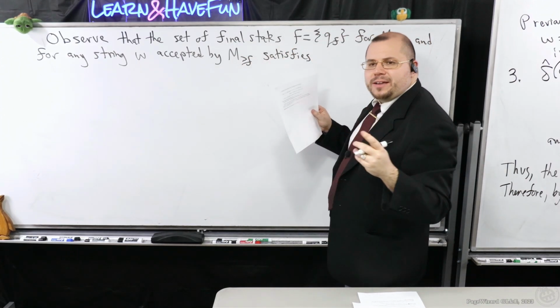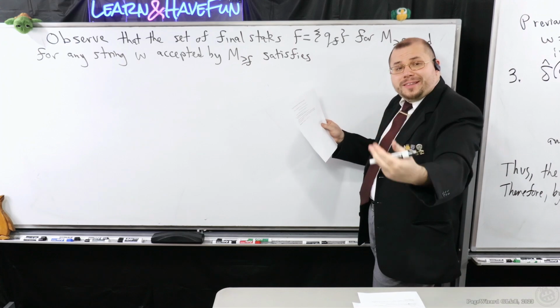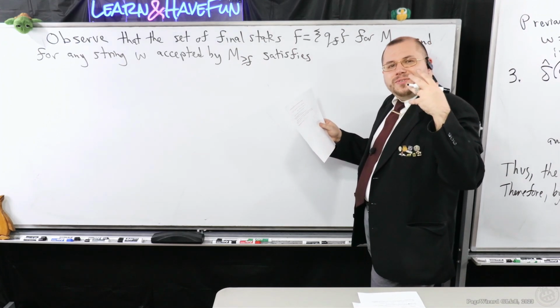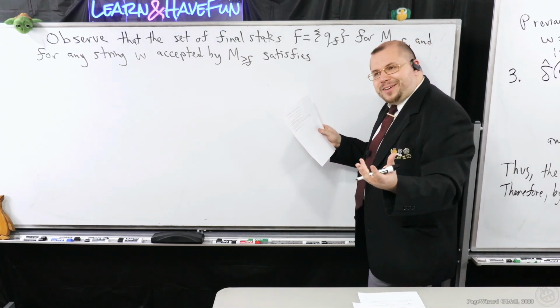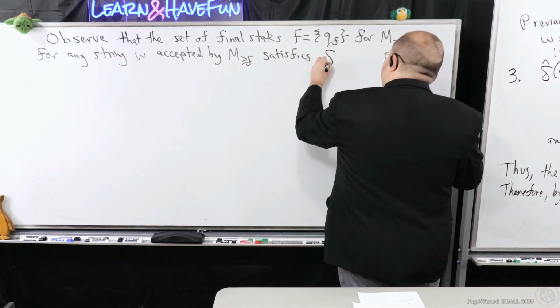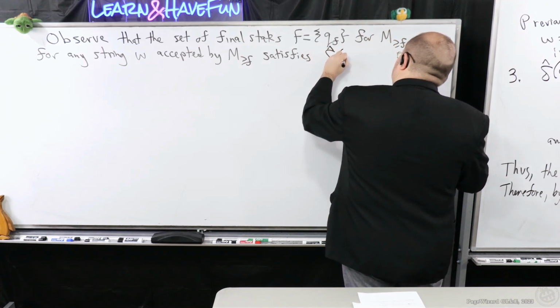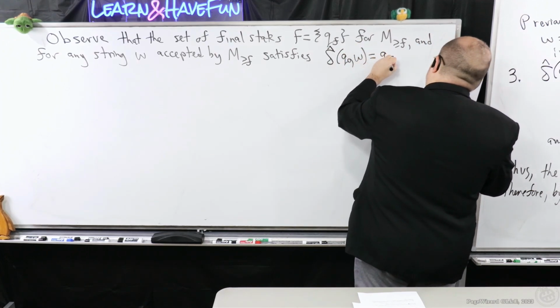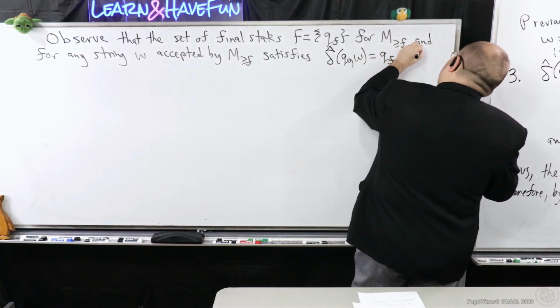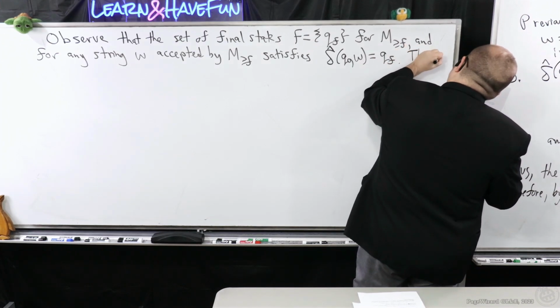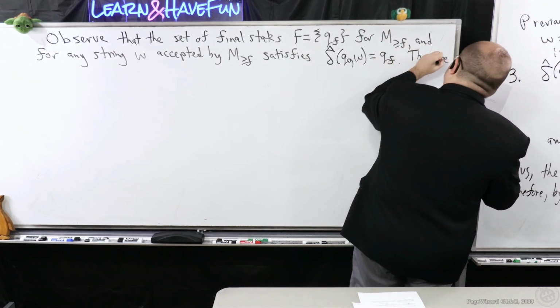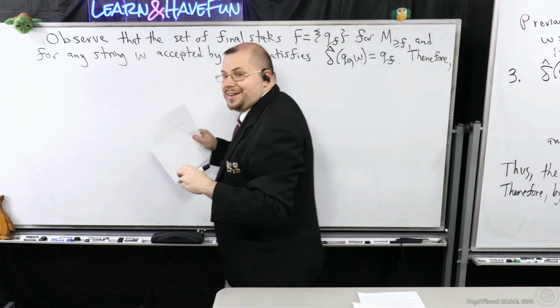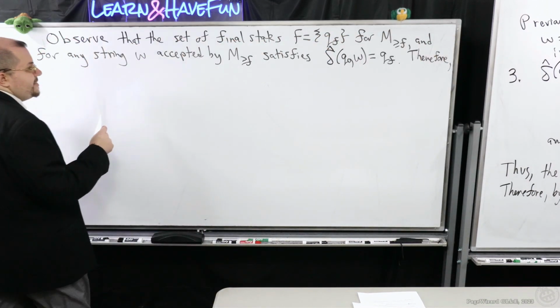Remember, I have to use the definition of what it means to be accepted by a DFA: that delta hat Q0 given the input string W is equal to QF, right? Therefore, by our lemma, because remember, to satisfy this means that there's at least f 1s in it. That's what the lemma tells us.